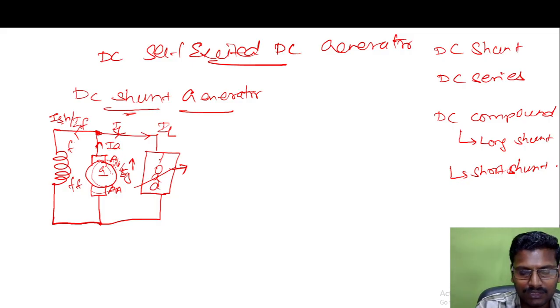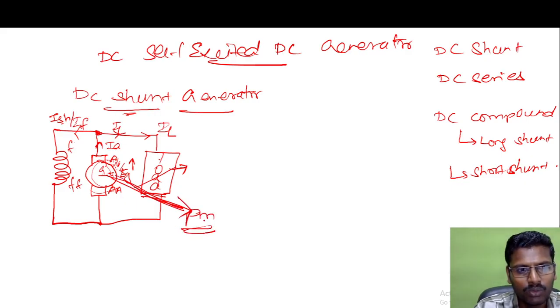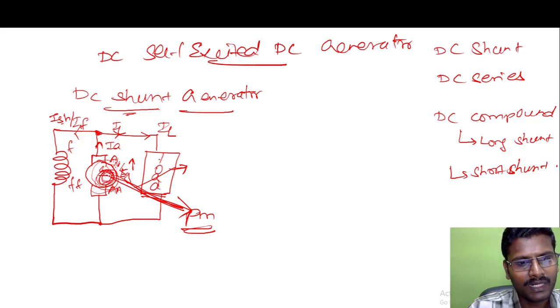So that flux will cause the armature to create extra energy with the help of a prime mover. We will be connecting a prime mover to rotate the armature conductors or rotor of the armature, right? So the rotor will be rotating and the armature conductors are placed on the rotor.